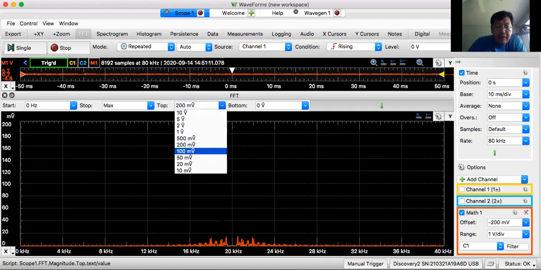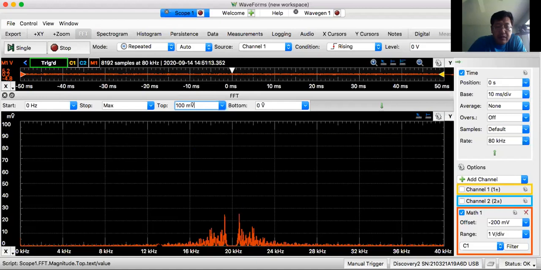All that's left is the upper side and lower side. The carrier is removed. So it used to have a very strong carrier right here at 20K. After the filter, this filter can be digital. Right now, this filter is a digital filter. I'm doing the filtering on my computer.